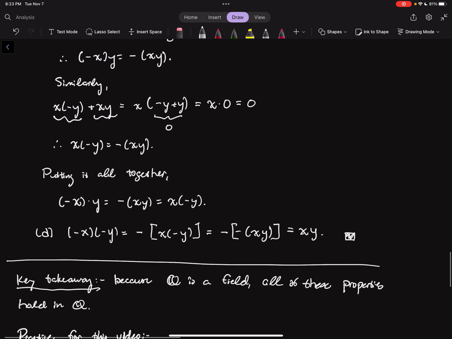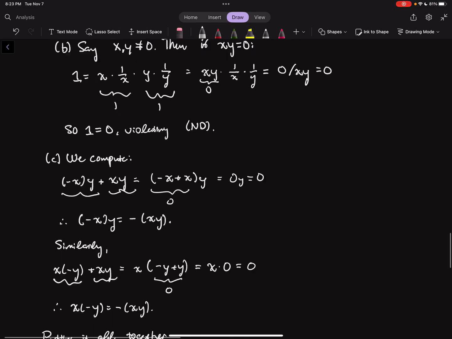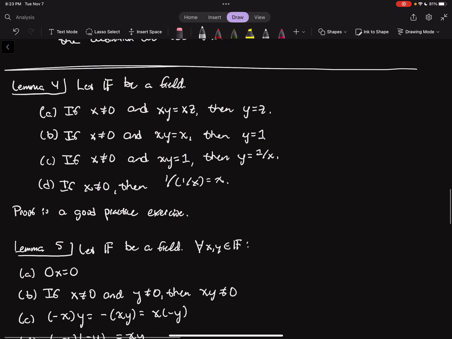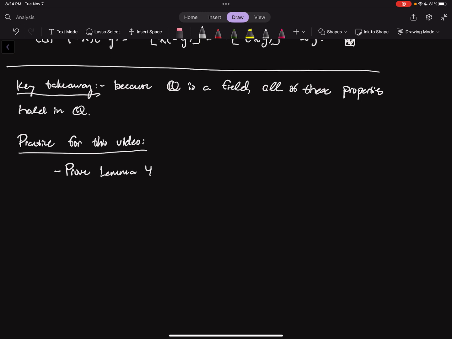The first one is to actually prove lemma 4, where we stated analogs of all the properties in lemma 3 for multiplication.